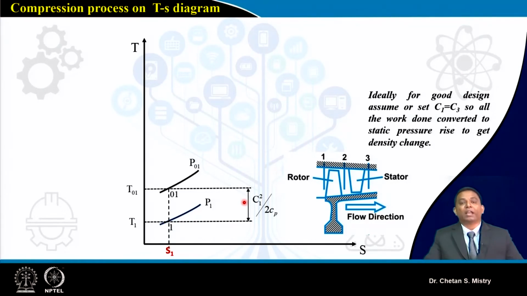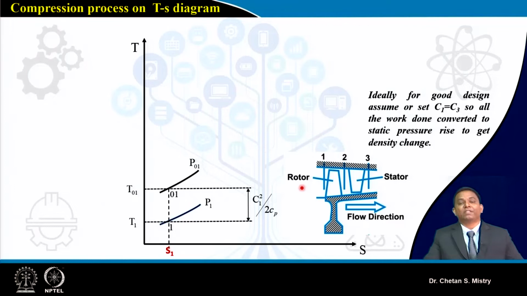And somewhere here I put this pressure as P01. This is what is called the total pressure. So my flow in the compressor will be entering with total pressure P01. As we go along, we need to remember we are more interested in total properties compared to static properties, because my fluid flowing through this machine is a continuous fluid.